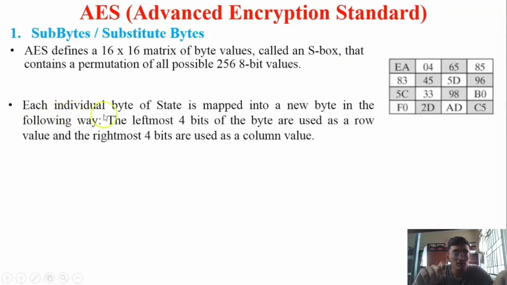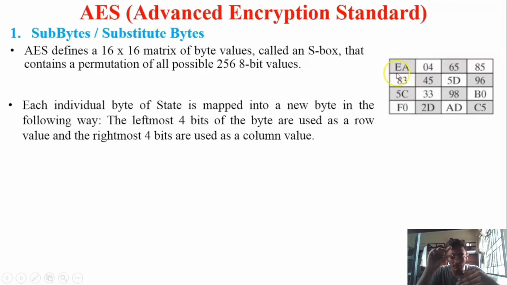Each individual byte of state is mapped into a new byte in the following way. The leftmost 4 bits of the byte are used as the row value, and the rightmost 4 bits are used as the column value. In this matrix you can see the first byte is EA.